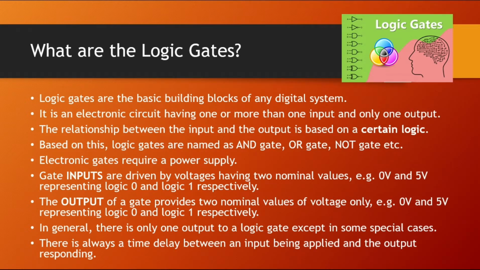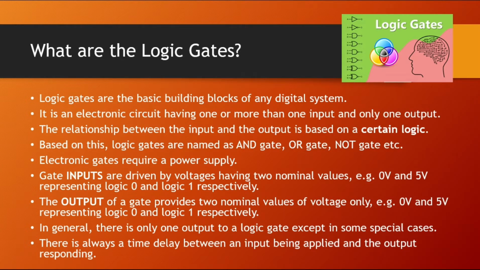0 volt is considered as logic 0 or bit 0, and 5 volt is considered as logic 1 or bit 1. Similarly, if they produce an output which is around 0 volt, that will be considered logic 0, and if they produce 5 volt or around 5 volt, it will be considered logic 1 or bit 1.